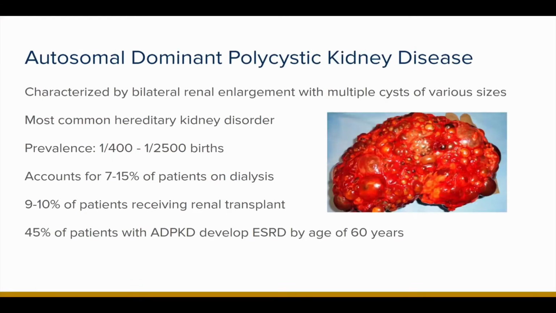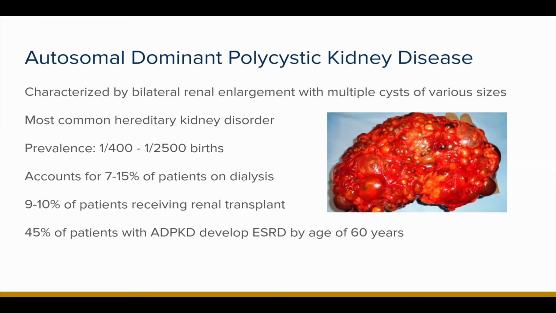So autosomal dominant polycystic kidney disease is characterized by a bilateral enlargement of the kidneys with multiple cysts of varying sizes. It is the most common hereditary disorder of the kidney, with a prevalence of 1 in 400 to 2,500 births.